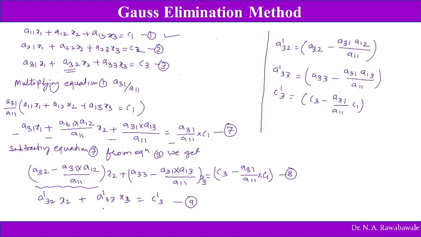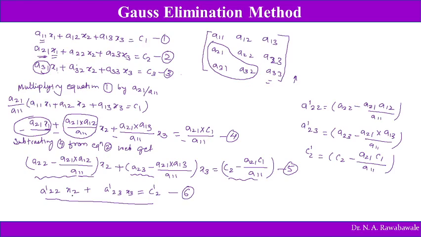So if you see here, a dash 22 x2, a dash 23 x3, c dash 2.